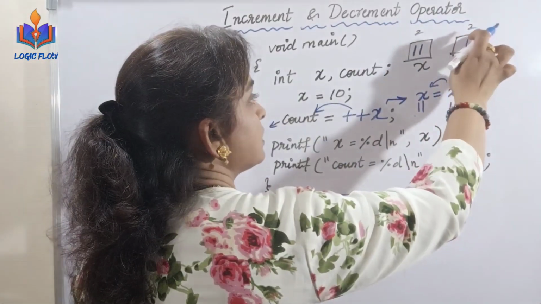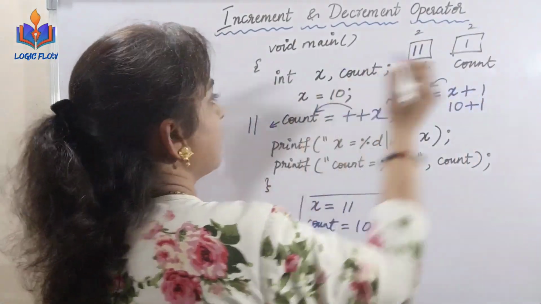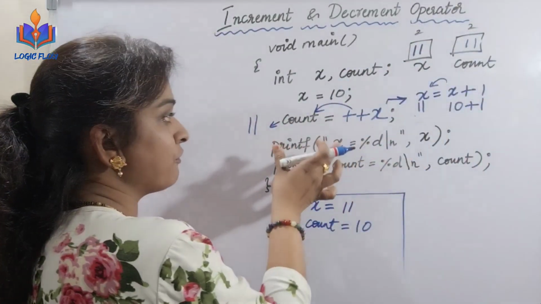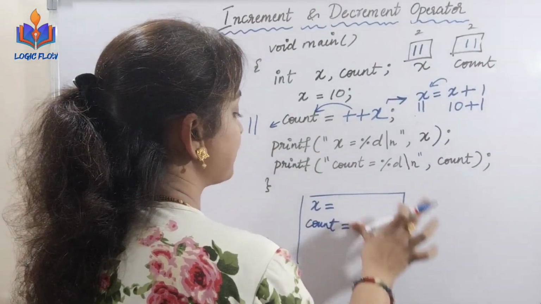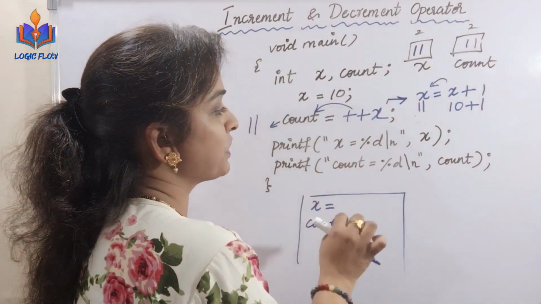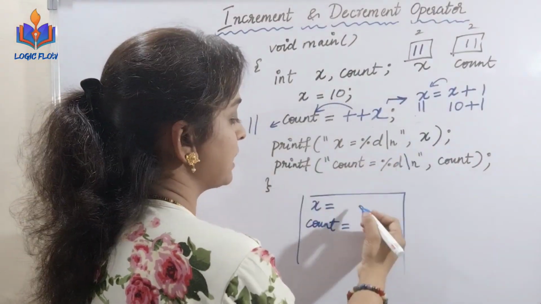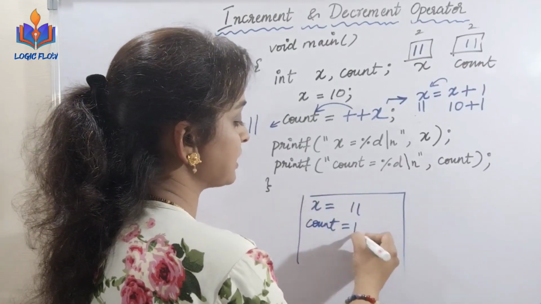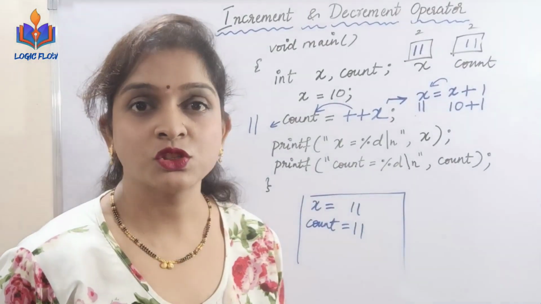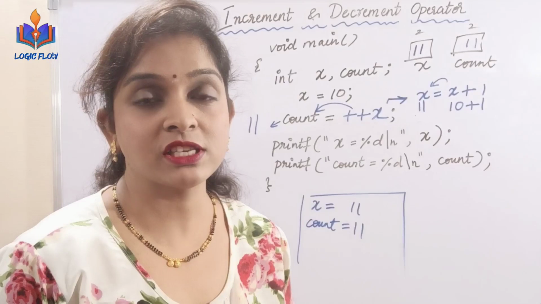So now count is how much? It is 11. So if I have this program, my output changes here. So what happens here? I say printf x equal to %d, print the value of x. It is 11. Print the value of count. It is 11. So hope you have understood this with the prefix and postfix.